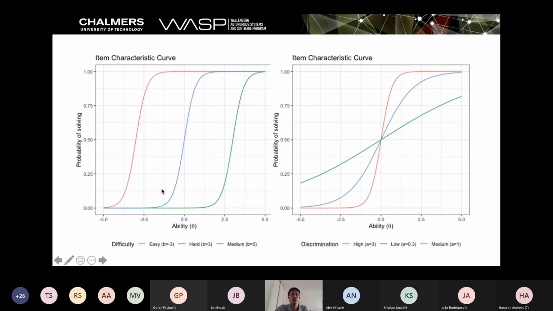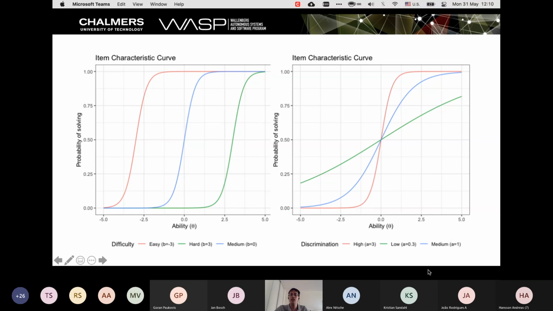And if he has an ability of about -3, he will have a 50% chance of solving the item or not. Of course, the harder the item is, for example, the green curve here is the hardest item, you will need students with a higher ability to be able to actually solve the problem. And this is the difficulty parameter in item response theory.